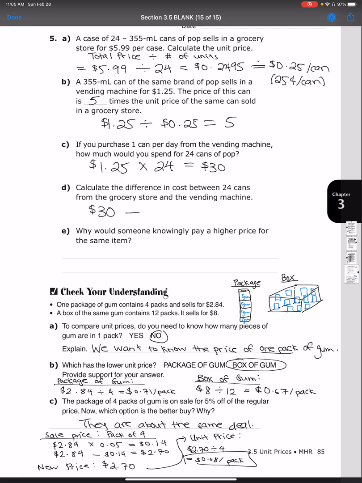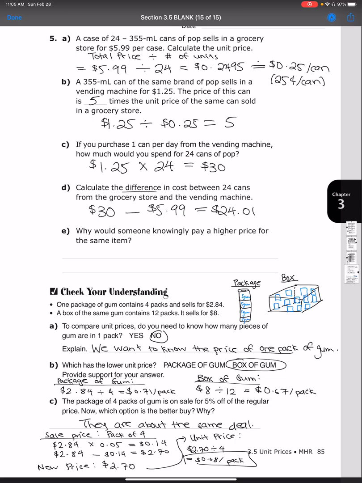At the grocery store, it costs us $5.99 for 24 cans of pop. So we need to subtract those two to see what the difference is. Whenever we're calculating difference, it's automatically subtraction. So the difference would be $24.01. Okay, so obviously it's much more expensive to go to the vending machine and purchase 24 cans of pop.